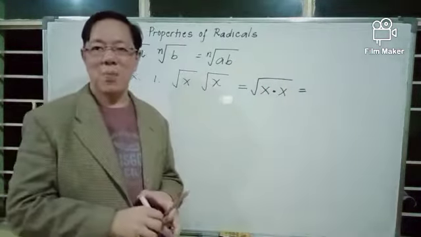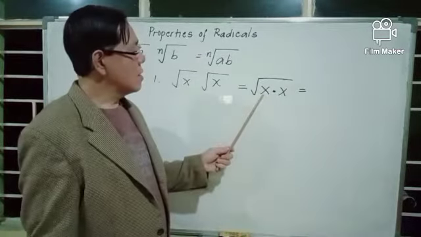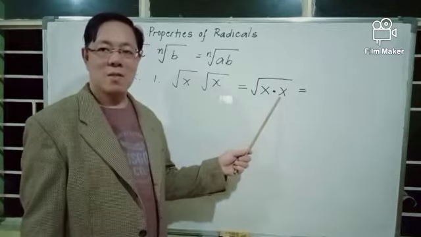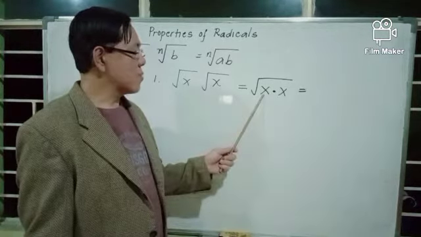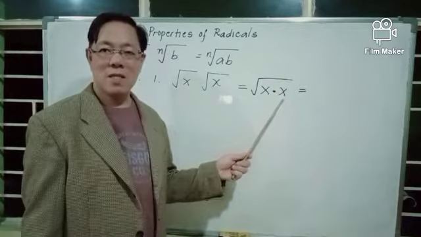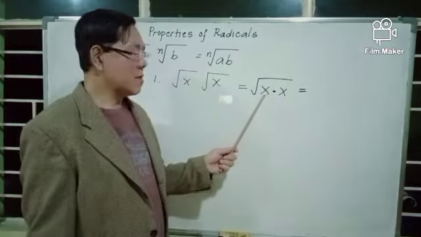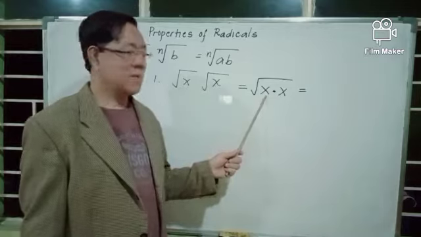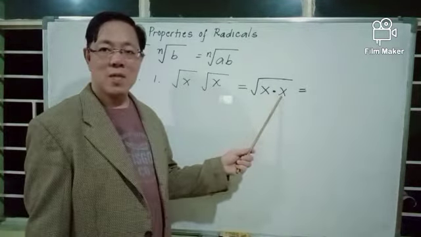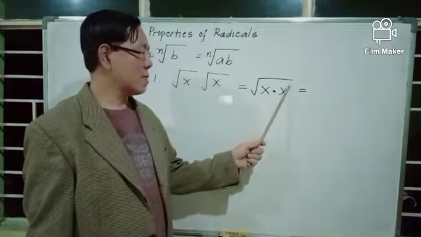But by property of exponent, x multiplied by x is x squared. The exponent of x here is 1. If the exponent is not specified, it's understood that the exponent is 1, as in x. Similarly, the exponent of this x here is 1.